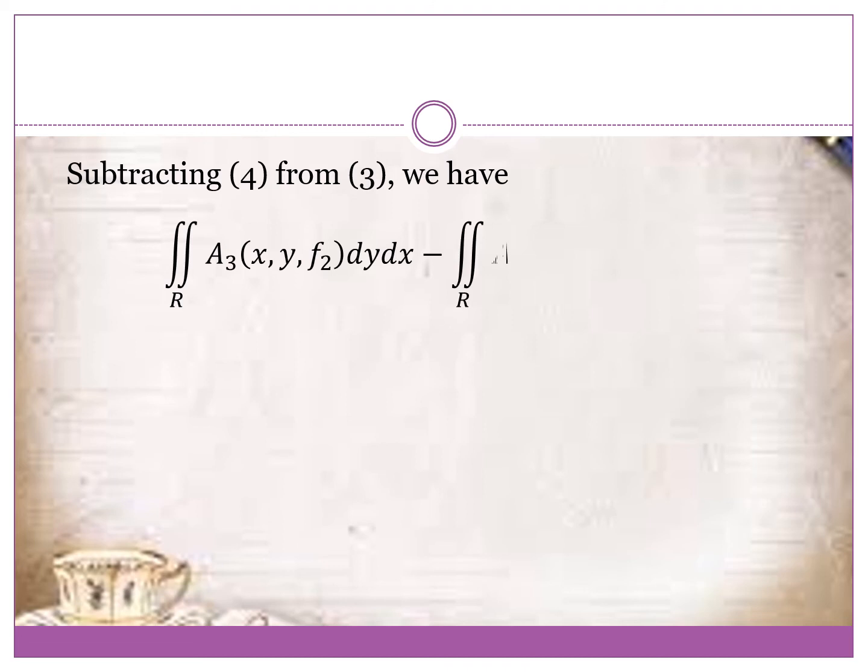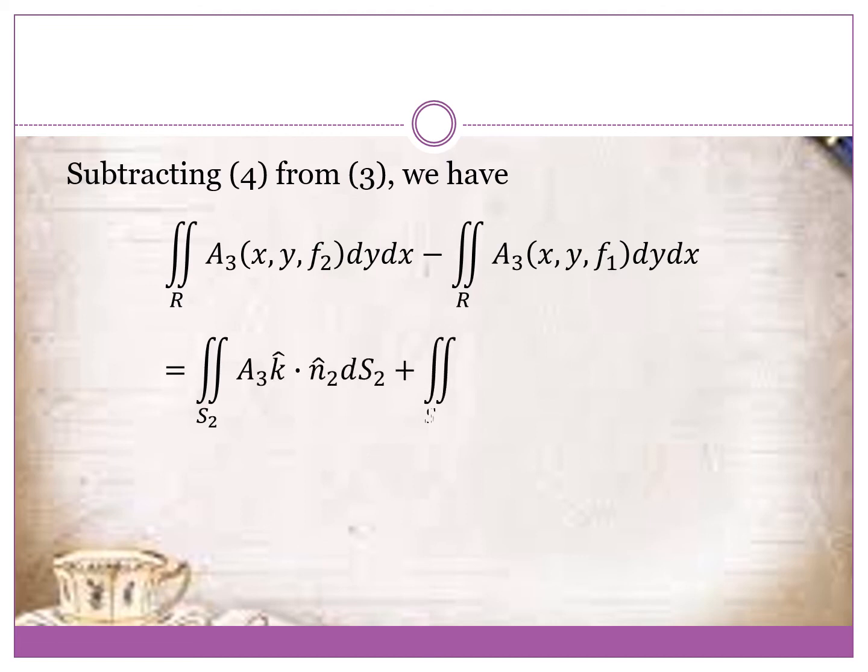Subtracting 4 from 3, we have the double integral over r of a3 xy f2 dy dx minus the double integral over r of a3 xy f1 dy dx is equal to the surface integral over s2 of a3 k dot n2 ds2 plus the surface integral over s1 of a3 k dot n1 ds1.